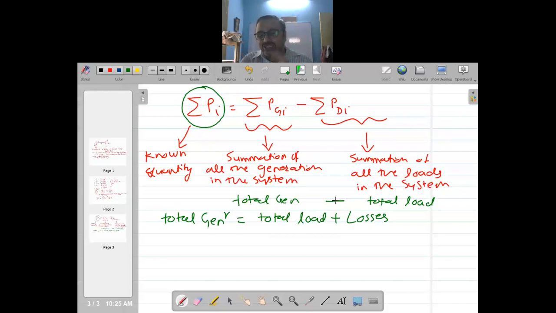Now, why will the losses occur in the system? Because in each transmission line, there is some resistance. Although that resistance is very small, the loss is not resistance. Loss is I square R. And what is the value of I? It runs into hundreds of amperes.